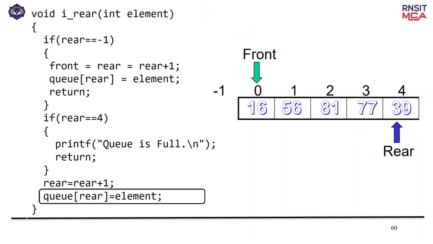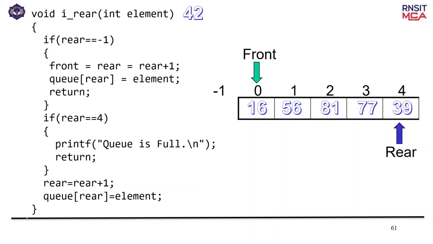Now you call the insert rear function again. This time you are passing 42. Now you check whether rear is equal to 4. Yes, rear has already reached 4. That is the indication that the queue is full.